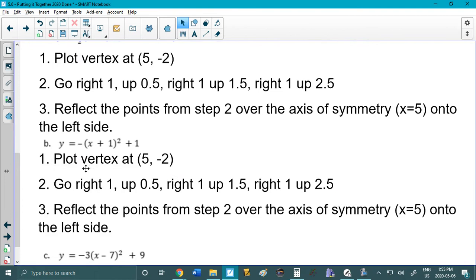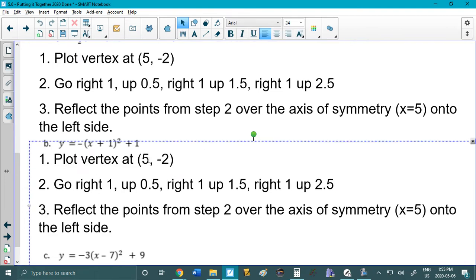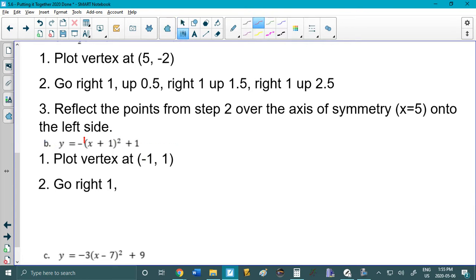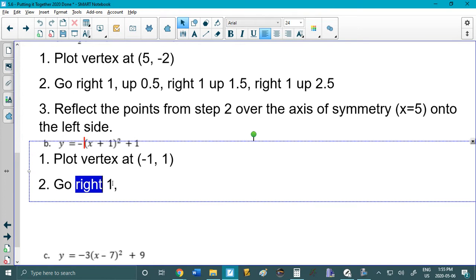Okay, next one. Step 1, plot vertex at -1, 1. Step 2, go right 1. The A value is -1 there. We just see a negative sign, but that means it's -1. So that means we're going down. Right 1, down 1.